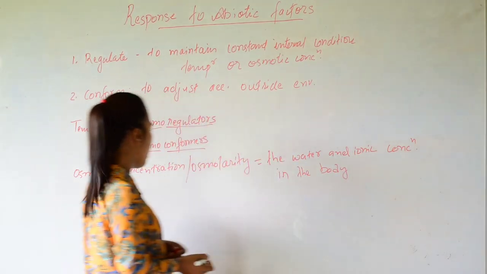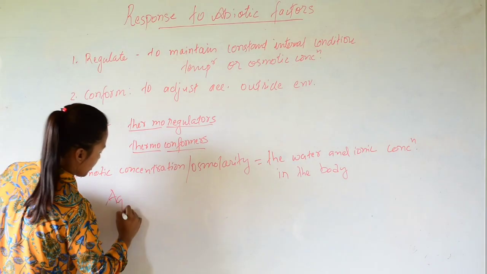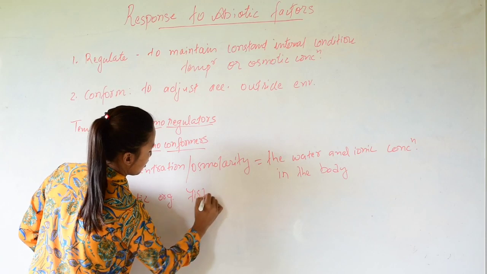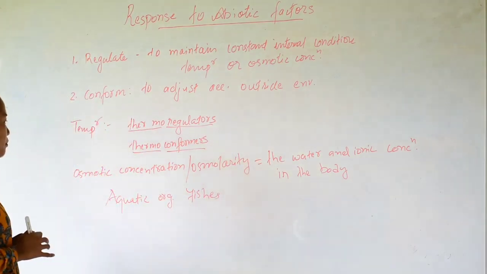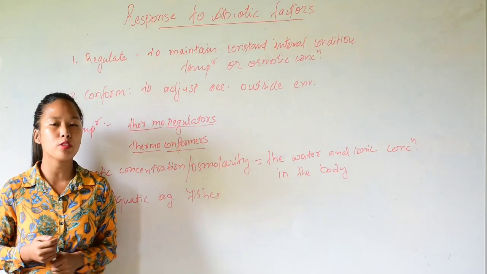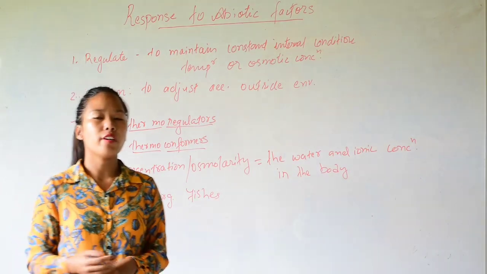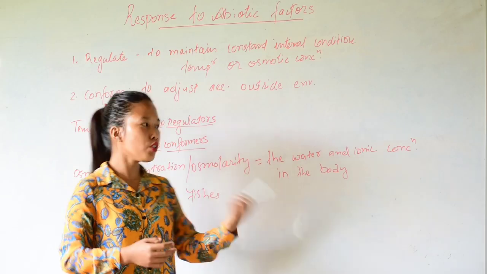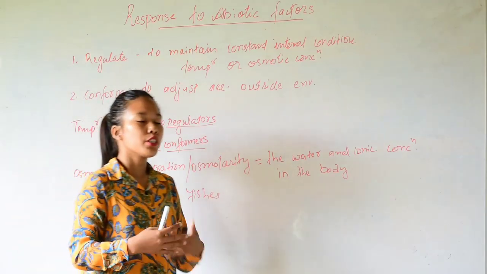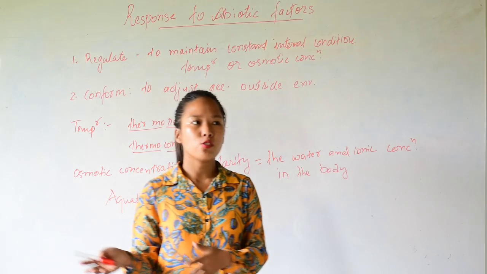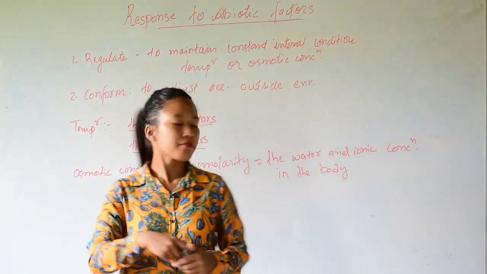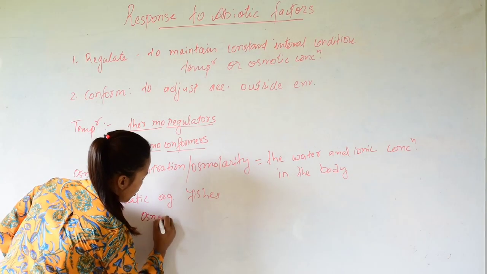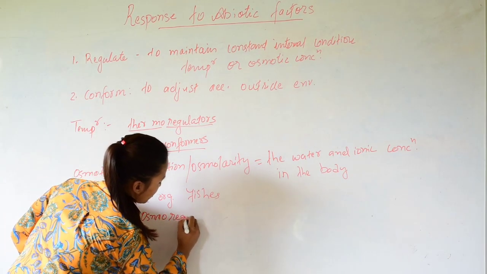So particularly for aquatic organisms like fishes. There are some fishes which will be able to survive in any kind of habitat. It can be freshwater or marine water. Those fishes which are able to survive in both the marine habitat and freshwater will be called osmoregulators.